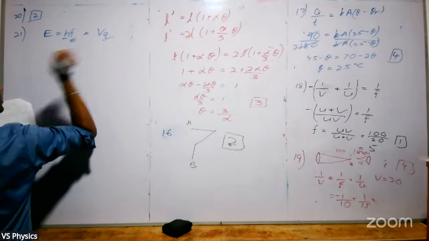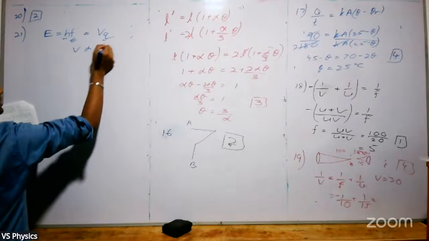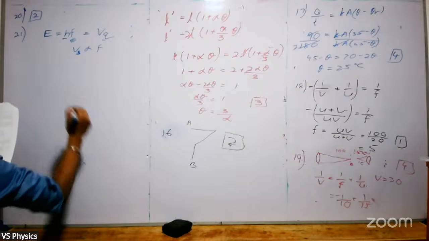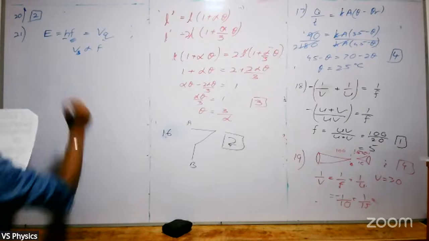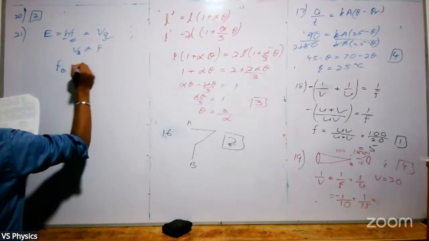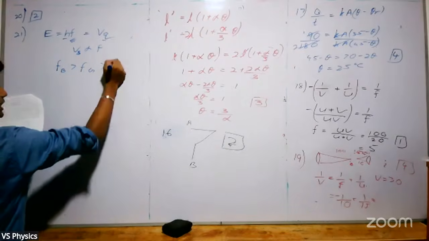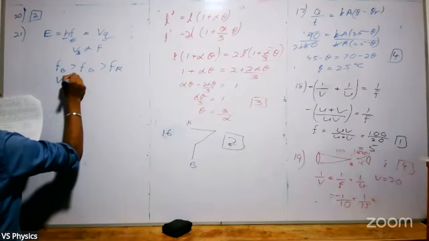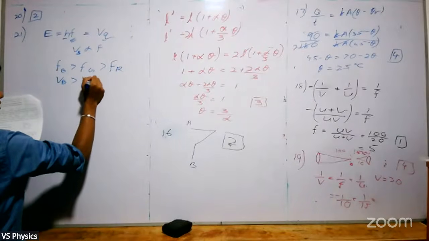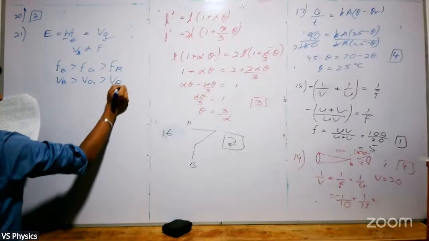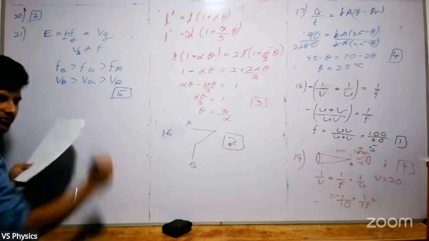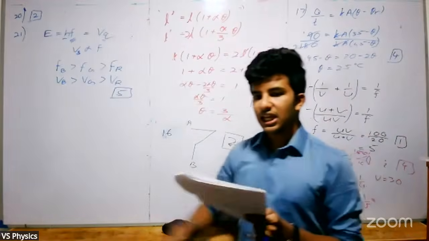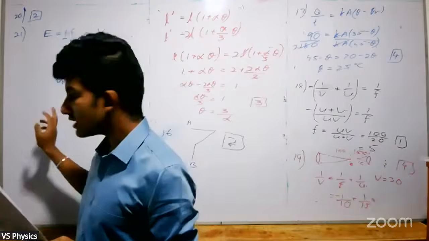H is a constant, Q is a constant, and V is proportional to frequency. Stopping potential is proportional to frequency. Frequency of blue is greater than green, which is greater than red. So the stopping potential of blue is greater than green, which is greater than red. An answer like A comes for the fifth answer.